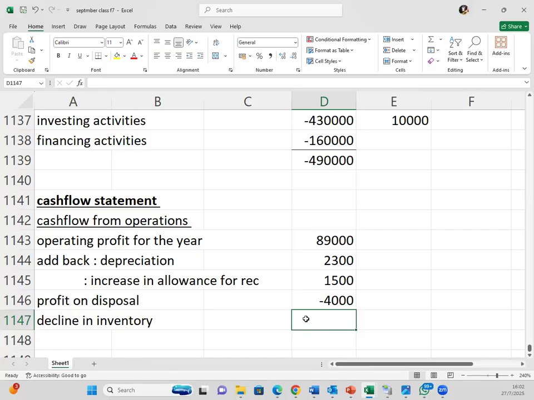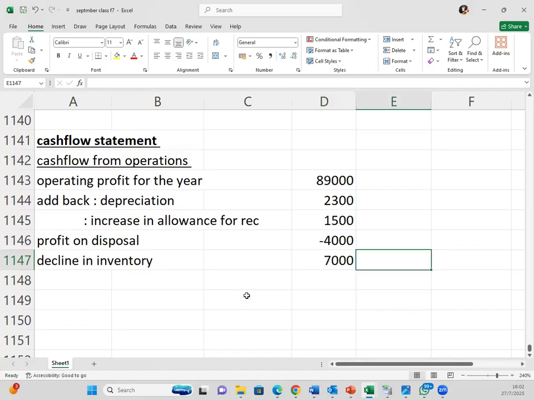It means you have sold 4,000 units. So to us, for the cash flow purposes, it's money we have received. So the decline in inventory is actually a cash inflow. So you look at by how much has the inventory reduced. So that is going to be your cash inflow.